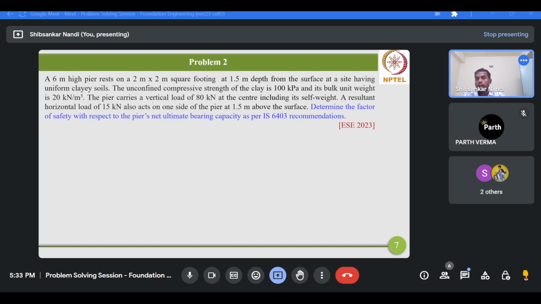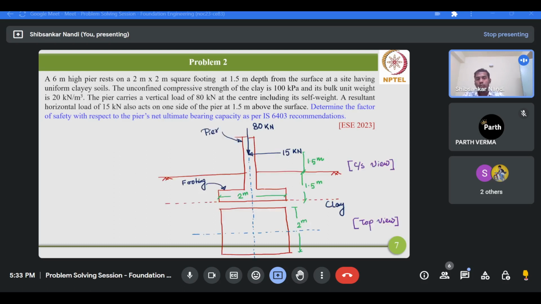The pier carries a vertical load of 80 kN at the center, including its self weight, and a resultant horizontal load of 15 kN also acts on one side of the pier at 1.5 meter above the surface. Now we have to determine the factor of safety with respect to the pier's net ultimate bearing capacity as per IS 6403 recommendation. So this problem can be visualized in this fashion.